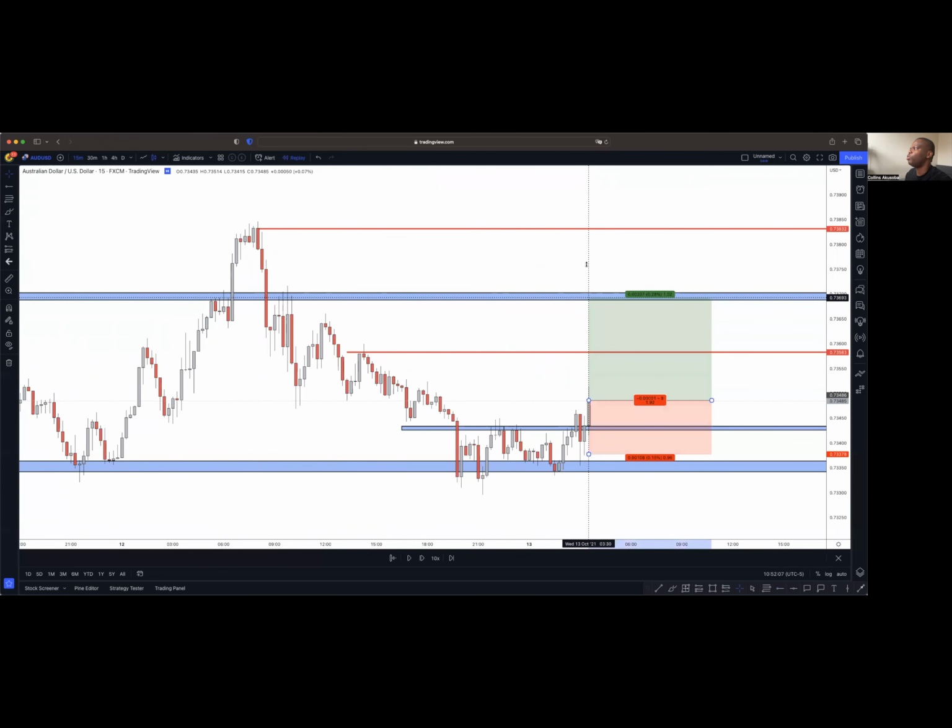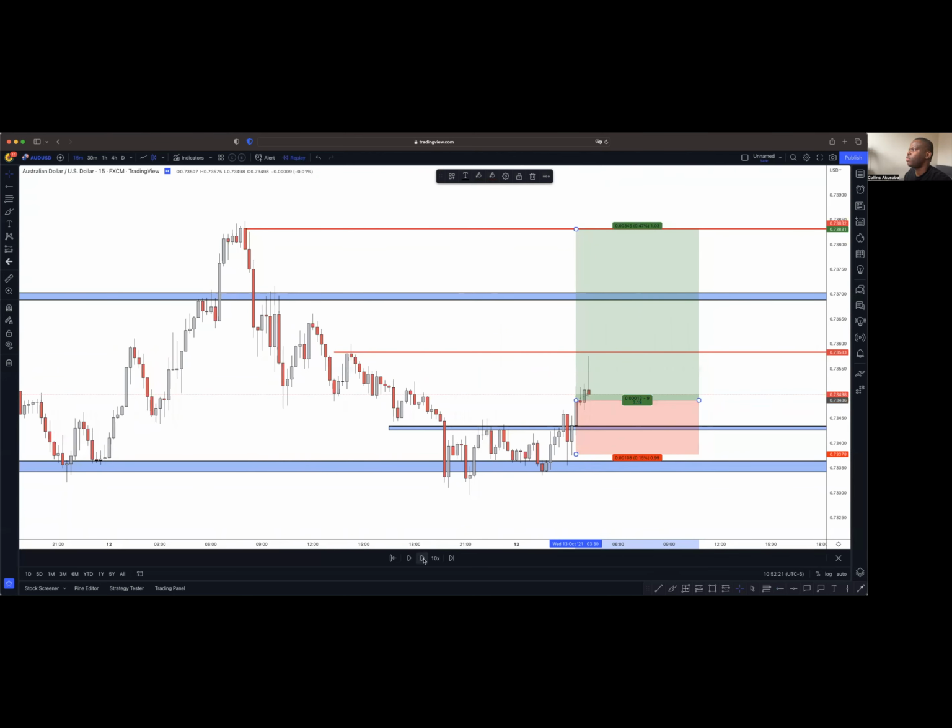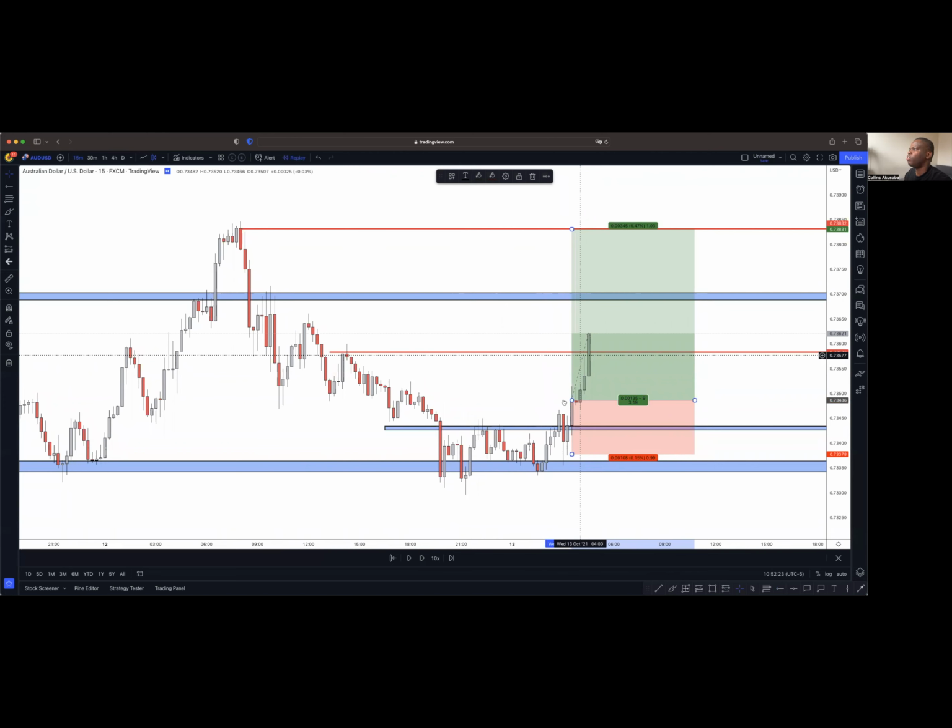What you want to be doing is, if price gets to your TP1, you want to secure some profits. If price gets to your TP2, you want to secure some profits. And if price gets to your TP3, you want to secure some profits. Okay, so let's see. TP1 got smashed.